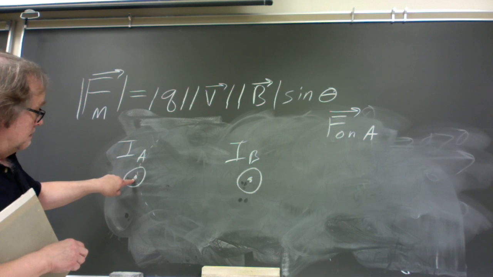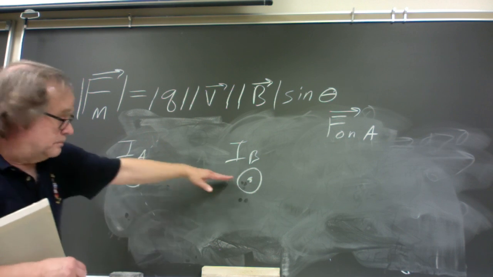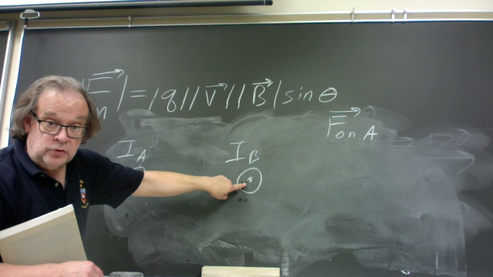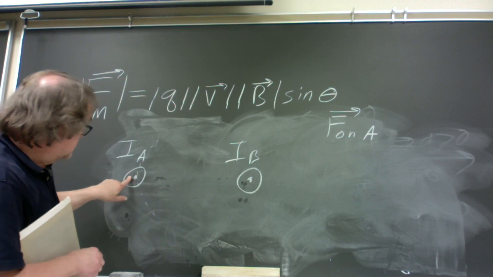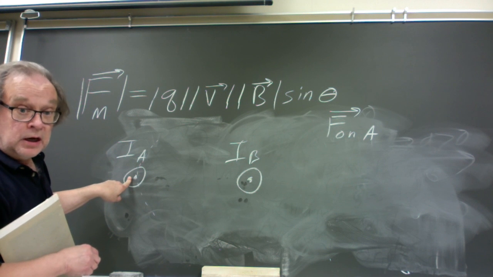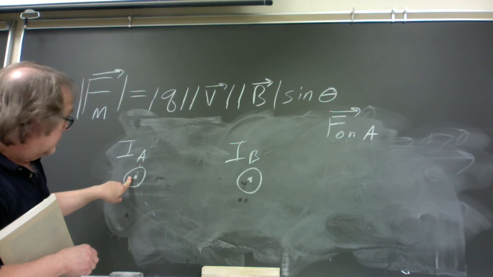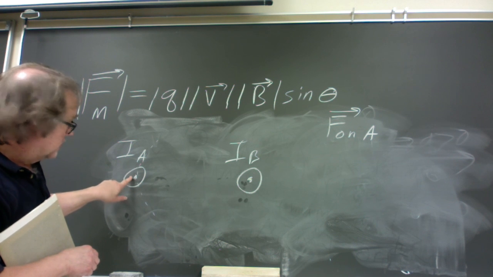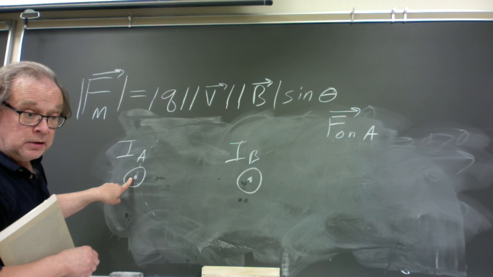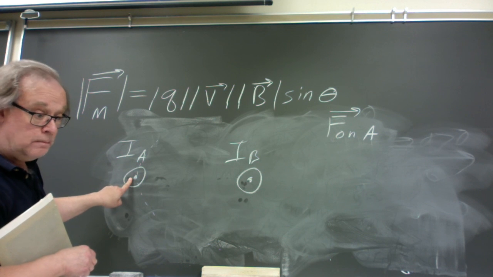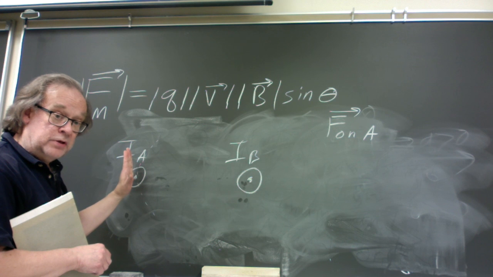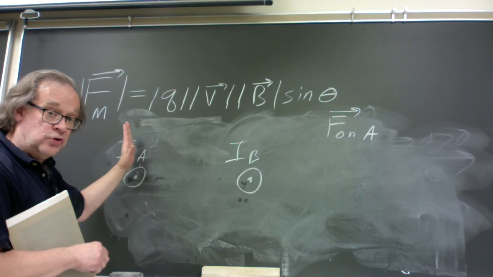And that point there would be, these are in the same plane, and this is the center of all those circular field lines. Then this is the leftmost point on one of those circular field lines. So the direction of the field right here at the left edge of the circle is along a line that's tangent to the circle at that point, and at that point the tangent is vertical.